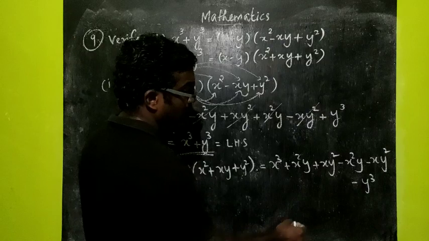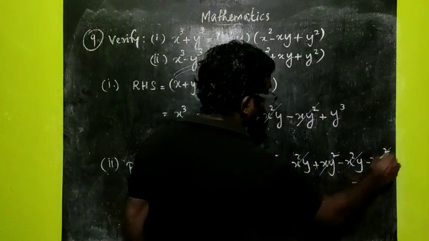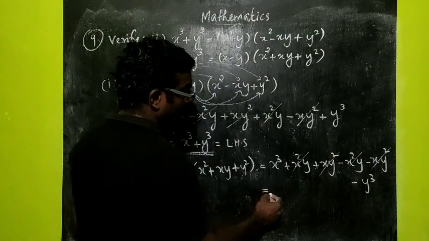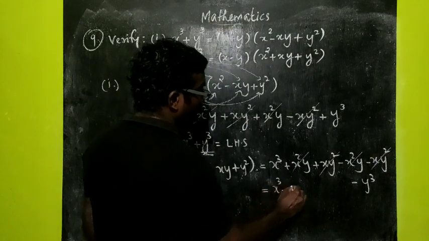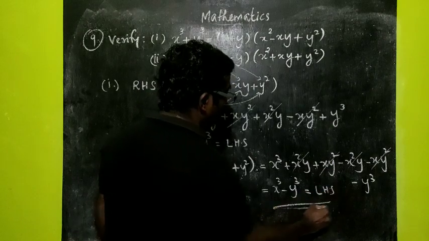Here also we can cancel x square y minus x square y, xy square minus xy square. So the remaining is x cube minus y cube, which is equal to LHS.